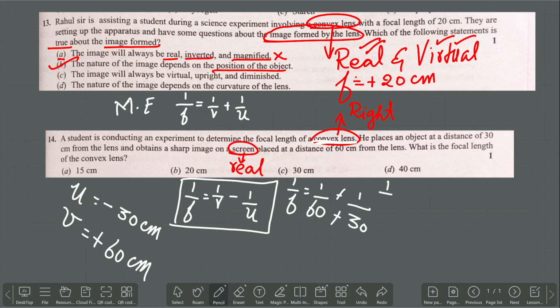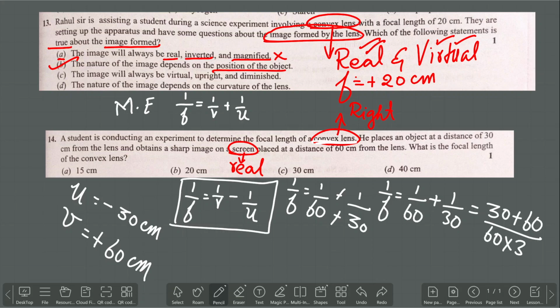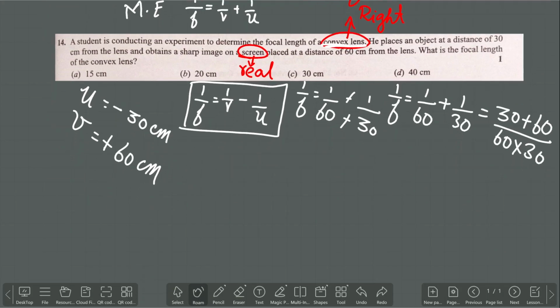So what remains then? 1 by f is equal to 1 by 60 plus 1 by 30. Now do the cross multiplication: 30 plus 60 by 60 into 30. Leave the numbers as they are, don't simplify. So 1 by f is equal to, simplify the numerator alone, 30 plus 60, it is going to be 90 by 30 into 60.